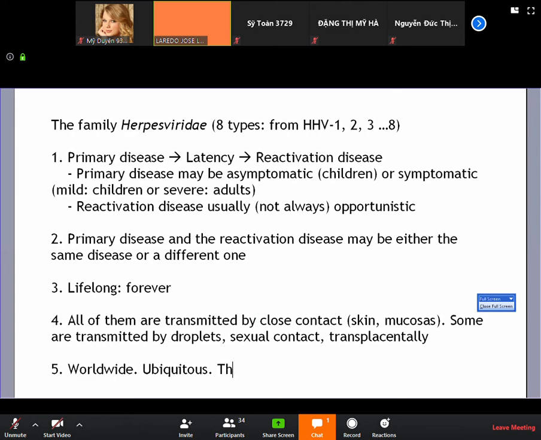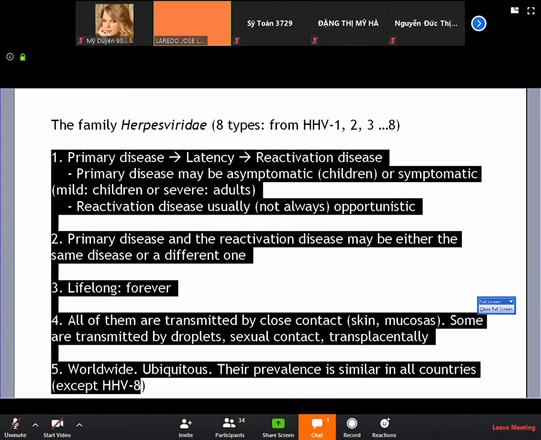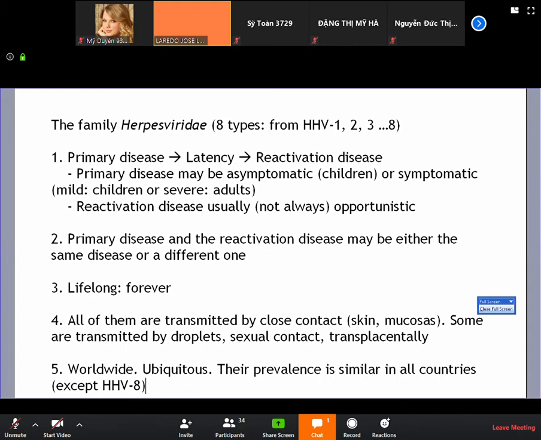And their prevalence is similar in all countries, except human herpes virus type 8. For human herpes virus type 8, the prevalence differs depending on the country. So, 5 features common for all herpes viruses.